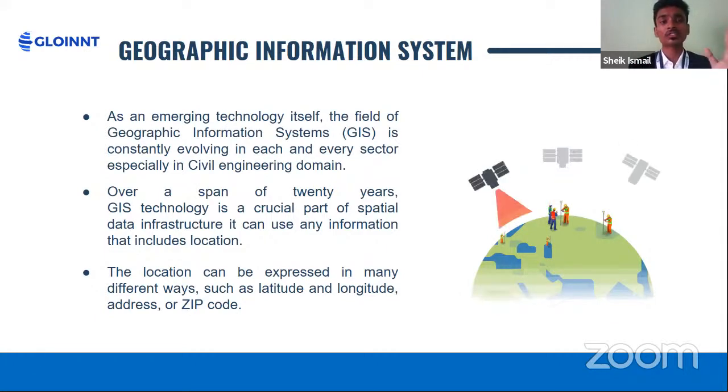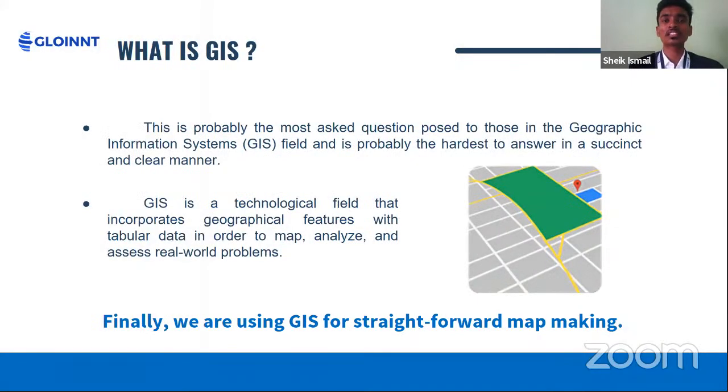Location can be expressed in many different ways, such as latitude and longitude, address, or zip code. However, at the end of the day, everywhere we all work together to get some location-based information. And what is GIS?